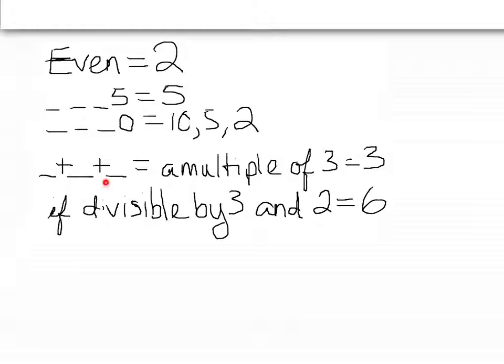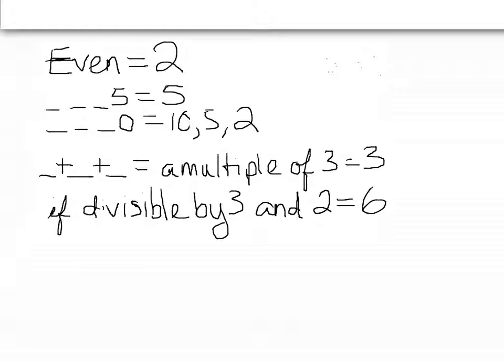If the digits in the number add up to a multiple of 3, so, this one's a little difficult to understand, so let's say it's 12, right? So 1 plus 2 equals 3, which is a multiple of 3, obviously, because it is 3. So that means that it's divisible by 3.